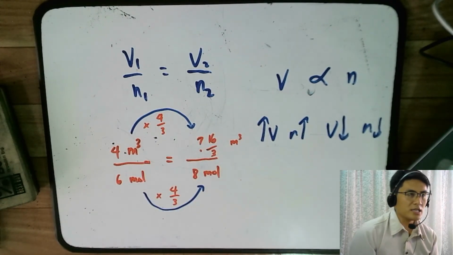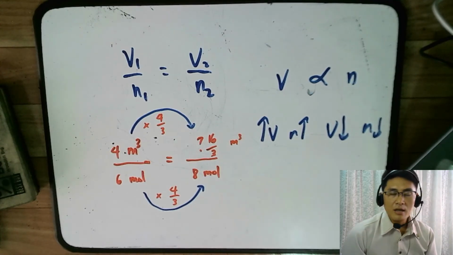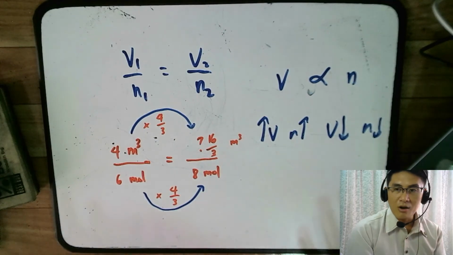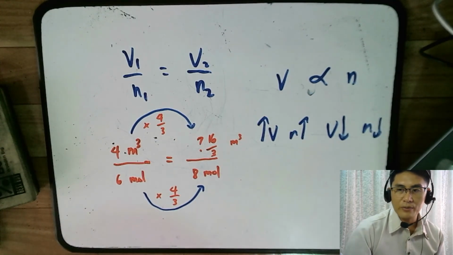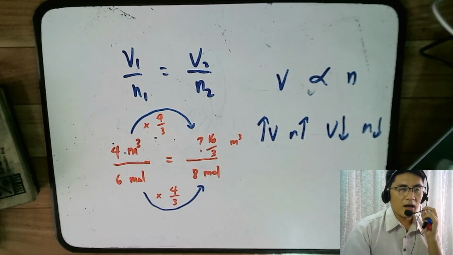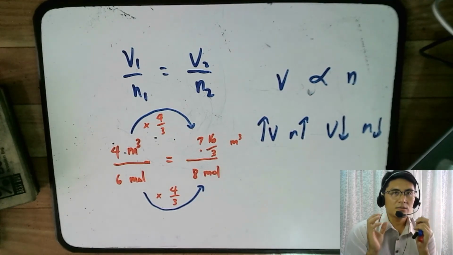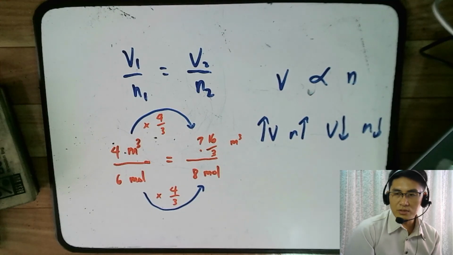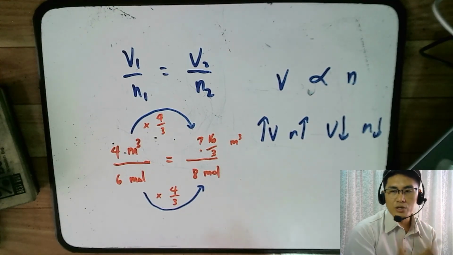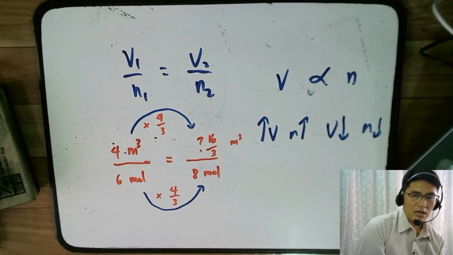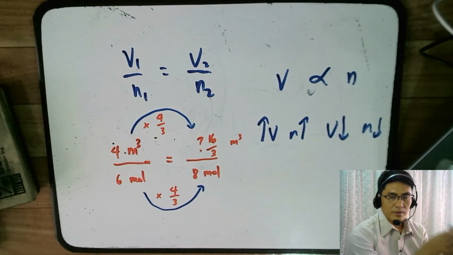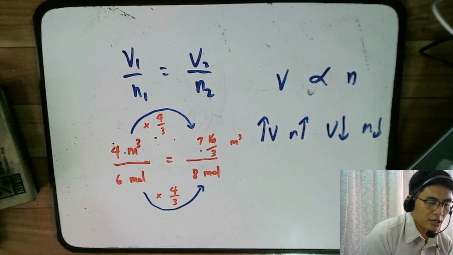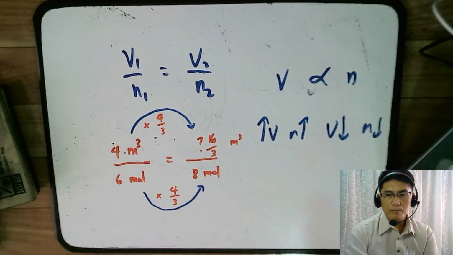And again, that applies to the three: Gay-Lussac's law, Charles's law, and Avogadro's law, because the quantities that are involved in each of those gases have a direct proportionality with each other. In Charles's law, it's volume and temperature. In Gay-Lussac's law, it's pressure and temperature. In Avogadro's law, it's volume and number of particles.